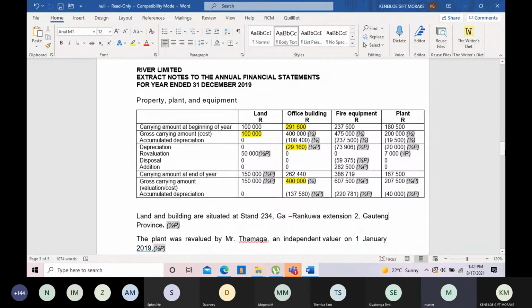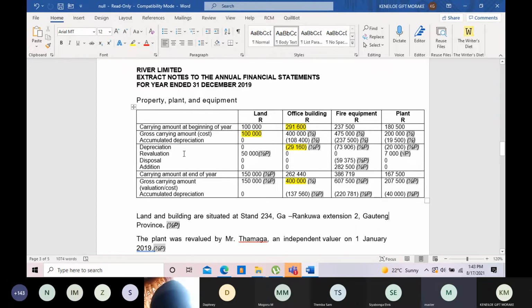For you to get the years, because you already have the depreciation of 59,375 and also the accumulated depreciation, we want to determine the number of years. Take the 237,500 and divide it by the depreciation, which is 59,375. You're going to get the 4 years which you see there.